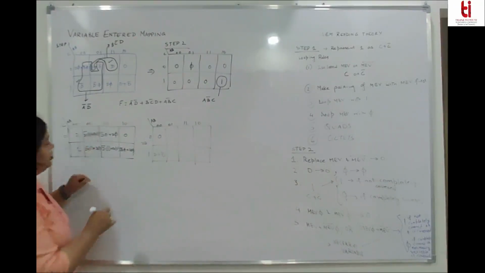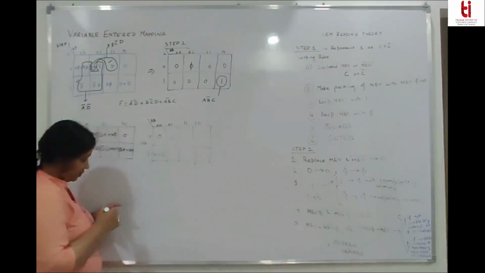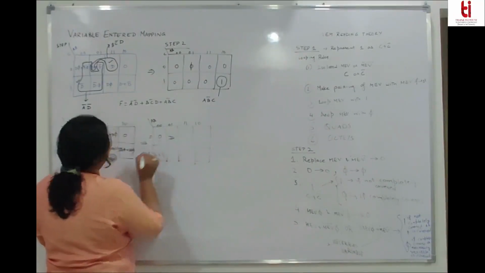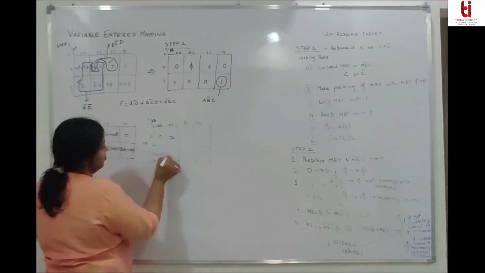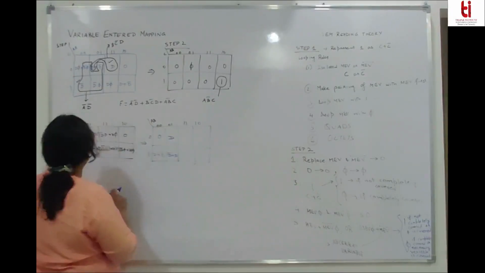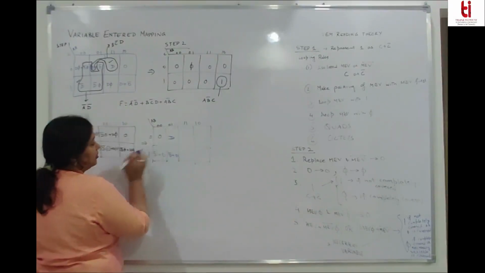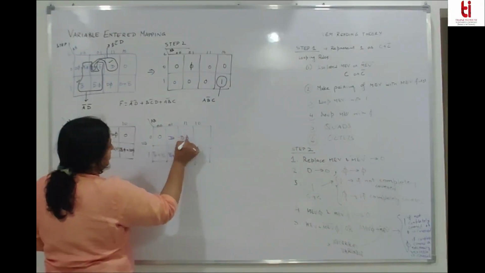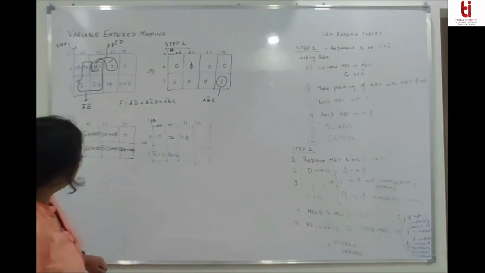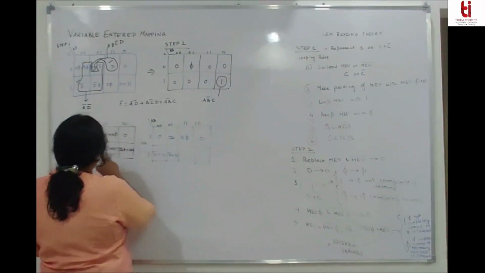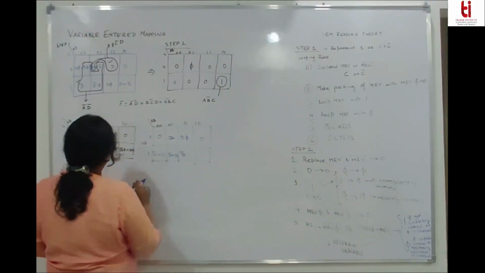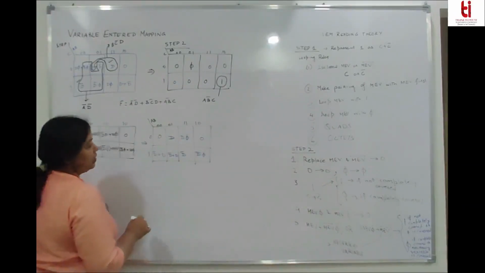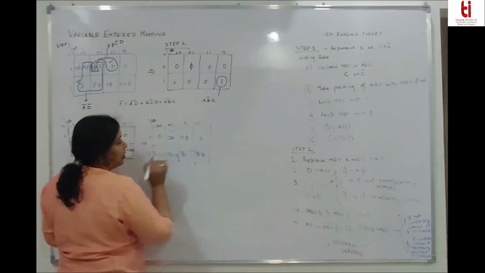Then D bar is 0, D, this is D. Then we have D bar, this is 1, so D bar plus D. Then D bar 0 plus D5, so this is D5. Then this is 0. Then this is D bar and this is D bar 5. Reduced. Which are the map entered variables? D and D bar. Mark them.